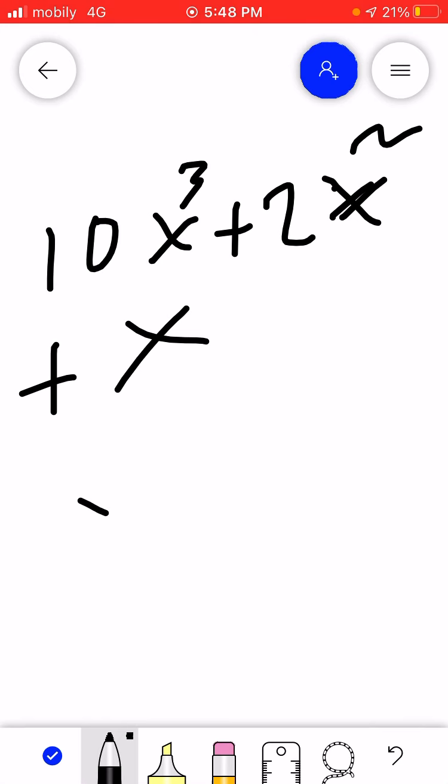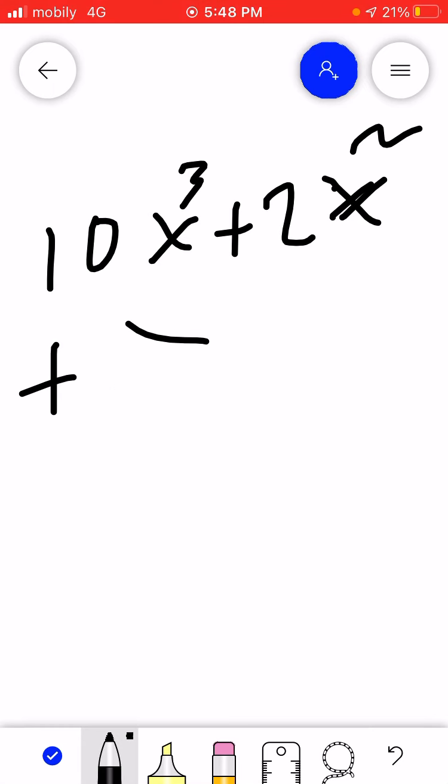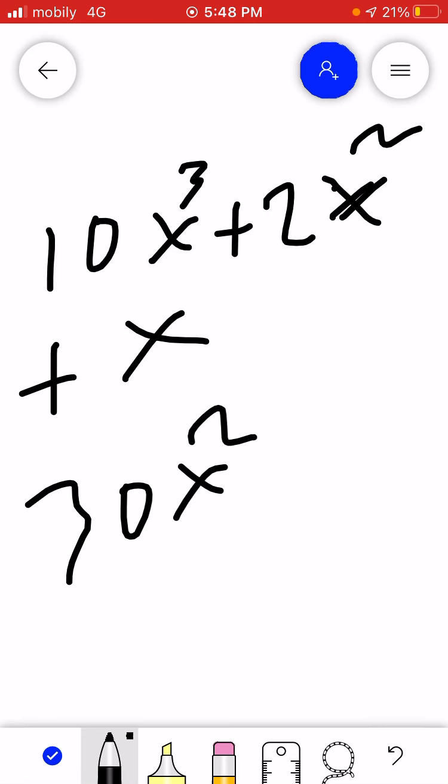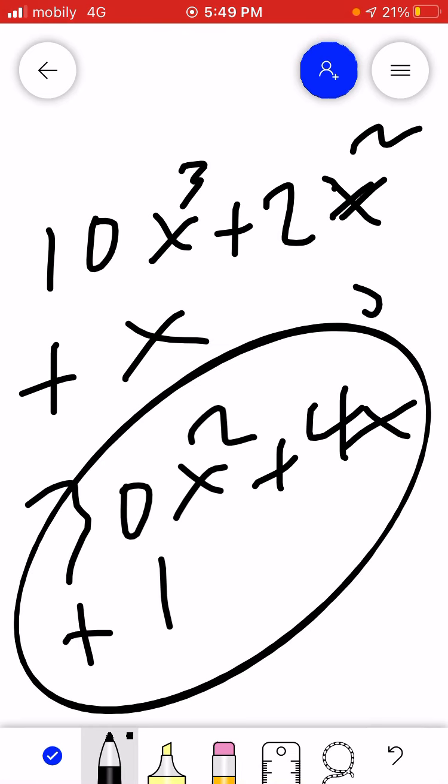Well, x is actually to the power 1, and then 1 minus 1 is 0, and we know that anything to the power of 0 is equal to 1. So it's basically 30x squared plus 4x plus 1. That's the answer.